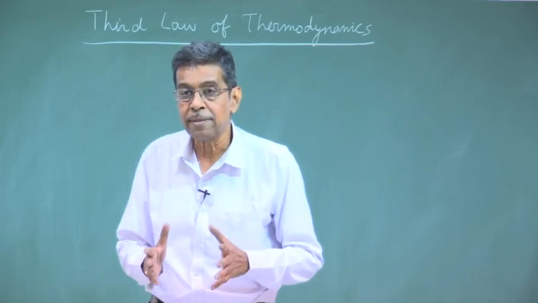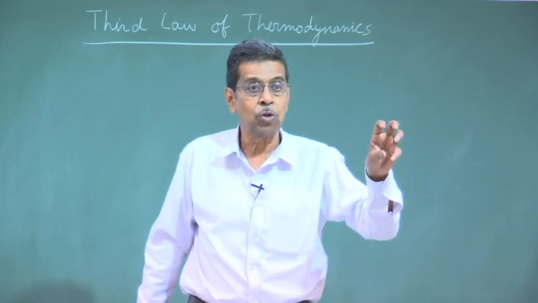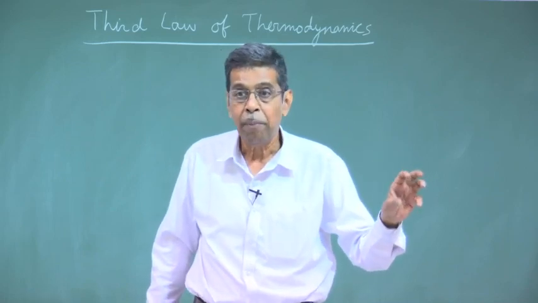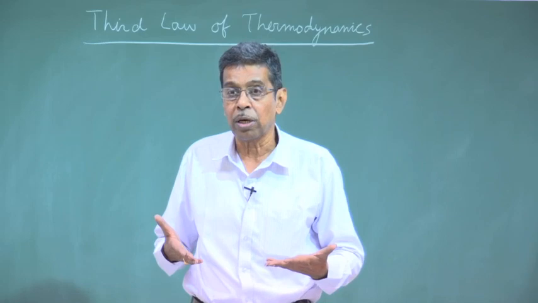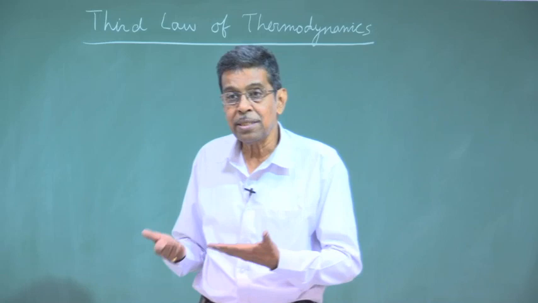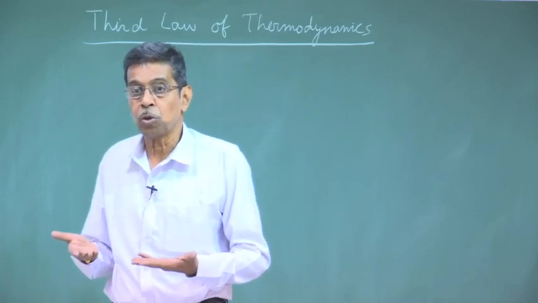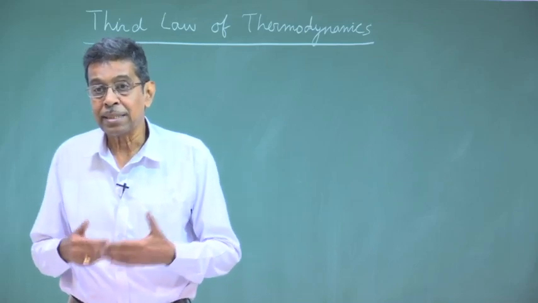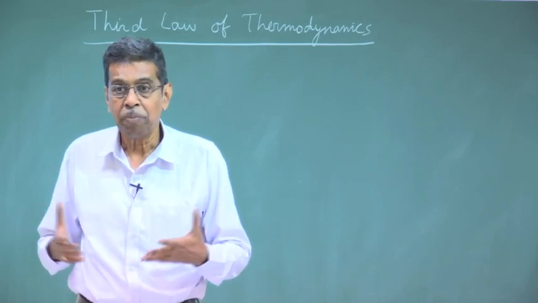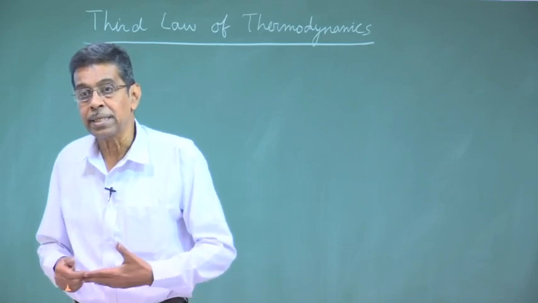A given macroscopic state at thermodynamic equilibrium, which so far we have discussed, may have a number of possible molecular configurations or microscopic states. And more is the disorder, more is the randomness, more is this number of microscopic states. That means the uncertainty of defining the microscopic state increases, and that way entropy increases.